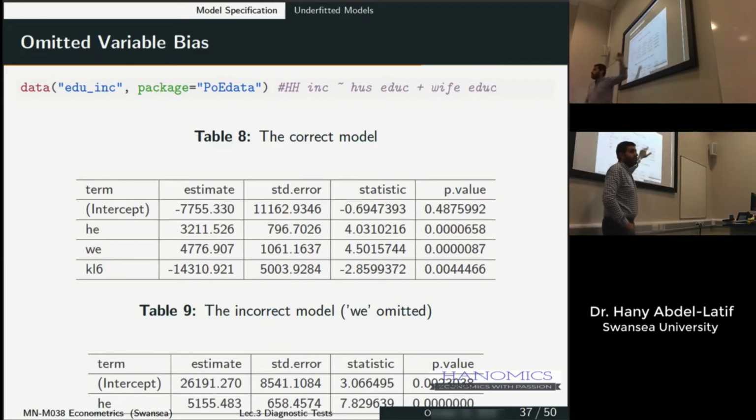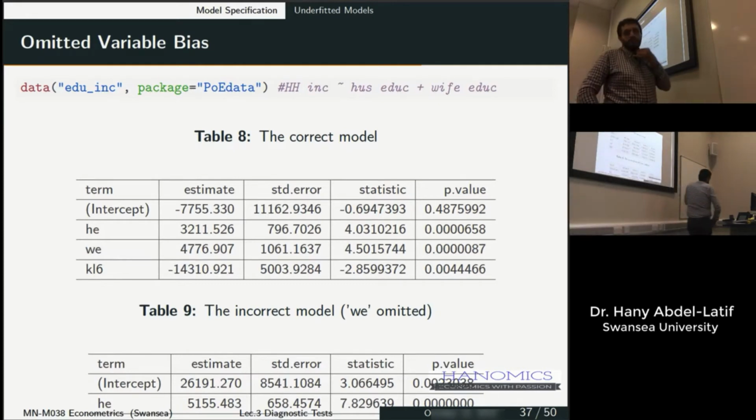But with the omitted variable problem, you actually have a biased estimator, and that's why you have a different estimate this time. This is the wrong model. This is the model that suffers from omitted variable bias because we dropped these two variables which are relevant and important. That's why we have a different value for the estimator.